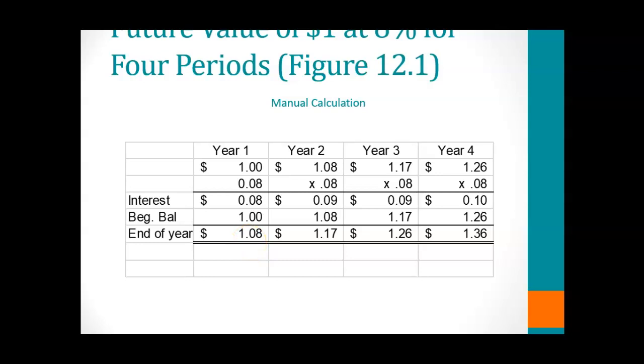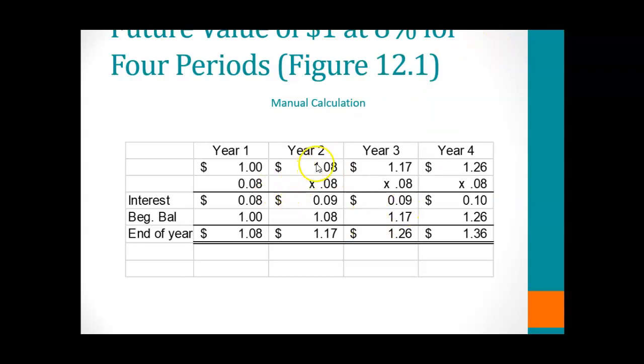Now remember with compounded interest, you're going to earn interest on the interest earned from the previous year. So in year two, you're not only getting interest on the dollar you invested, but now interest on the $1.08 because you're going to receive interest based off of the interest earned from the previous year.